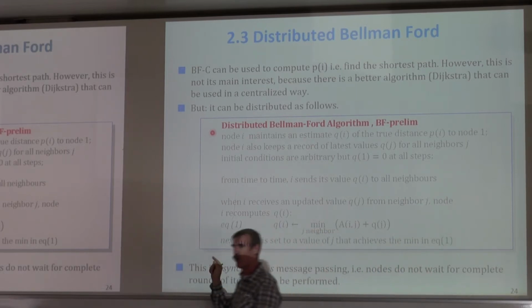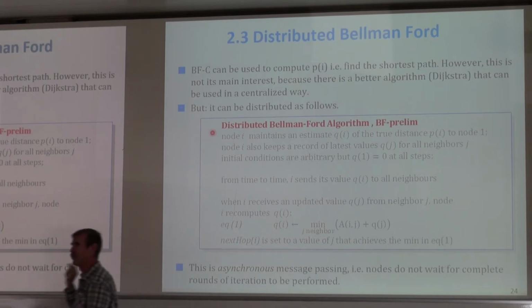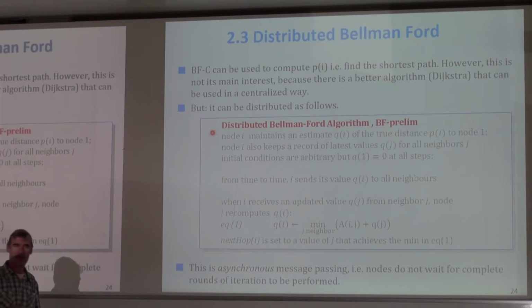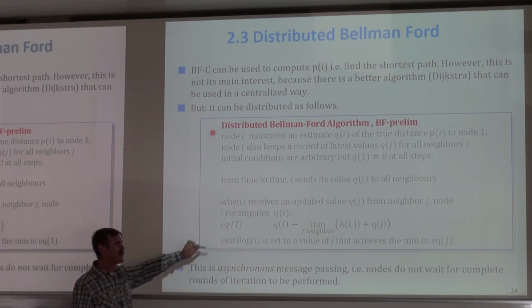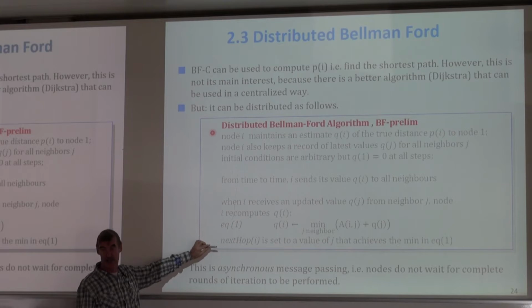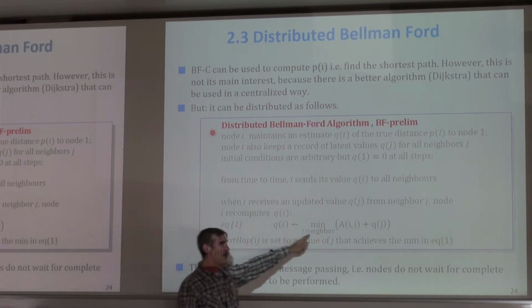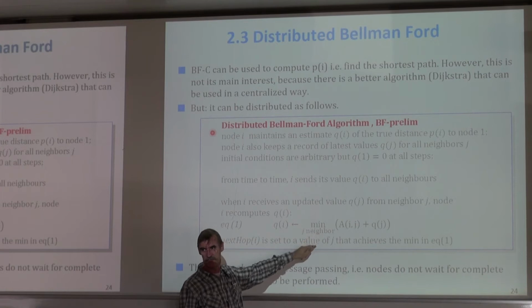Next hop means where I should send a packet to destination 1 from myself. This is also common sense because we saw that once we have Bellman Ford that has converged, we can recover from the distances the way to go to the destination by taking the neighbor that achieves the minimum in this.